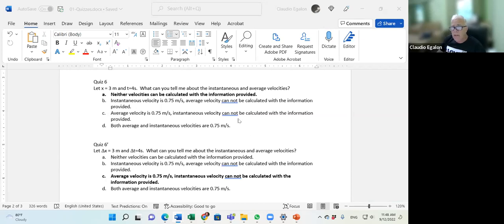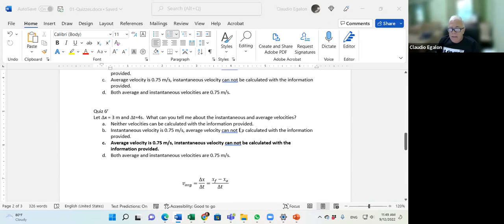To calculate the instantaneous velocity, you need calculus, right? But you still can have an idea of the instantaneous velocity if you have a graph of x versus t. But don't forget, the instantaneous velocity is still a function of delta x.